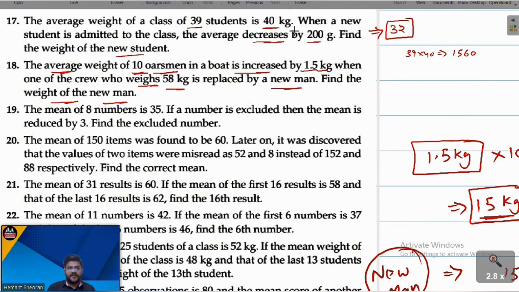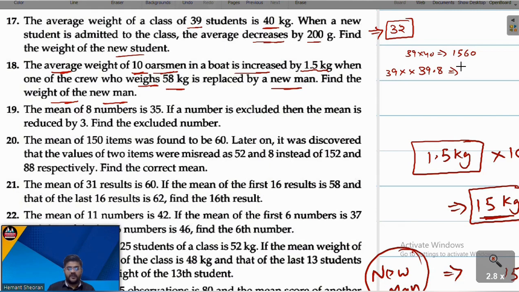Now you have to decrease: 40 minus 0.2, so it is 39.8. So 39.8 times 39 again? Yes or no? So how much will it be?